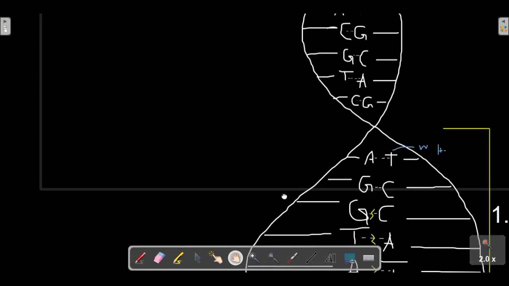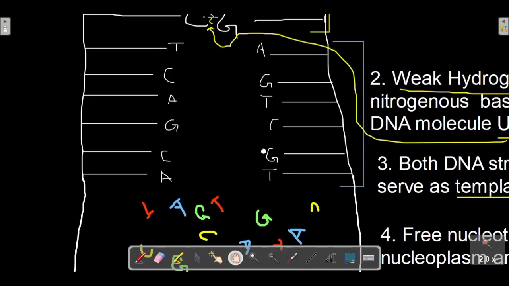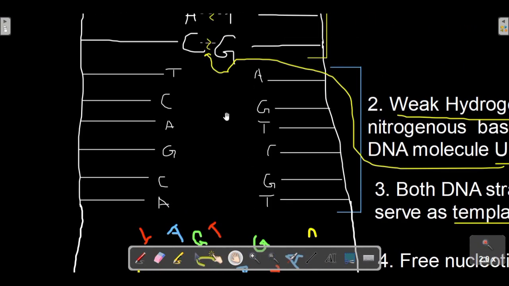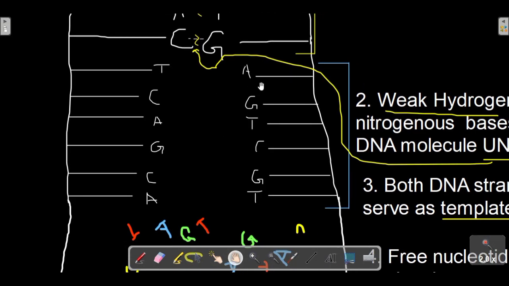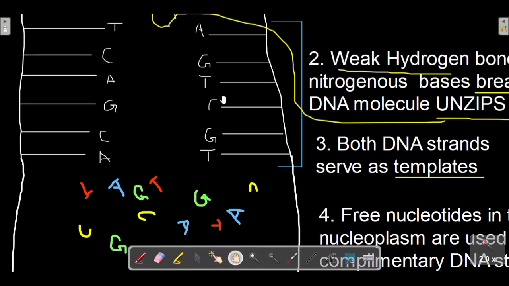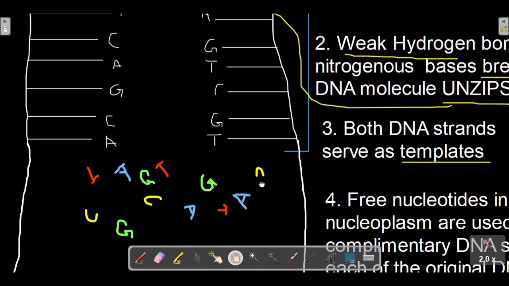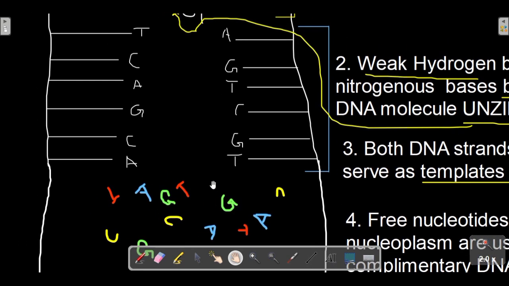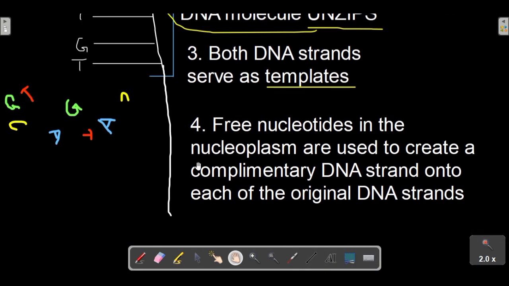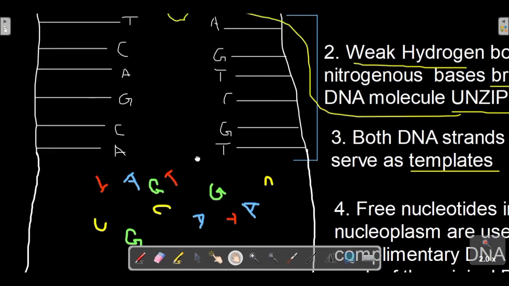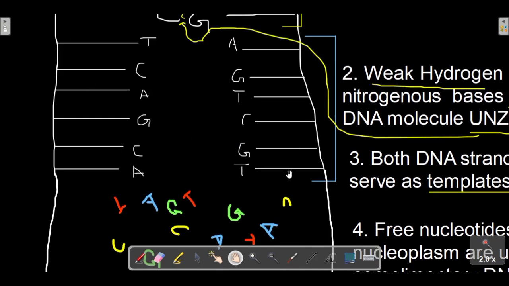So now that these strands do not have their complementary nitrogenous bases because they have now unzipped, these free floating nitrogenous bases then bond onto these separate strands.